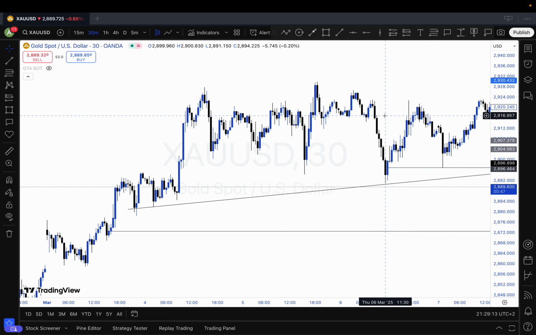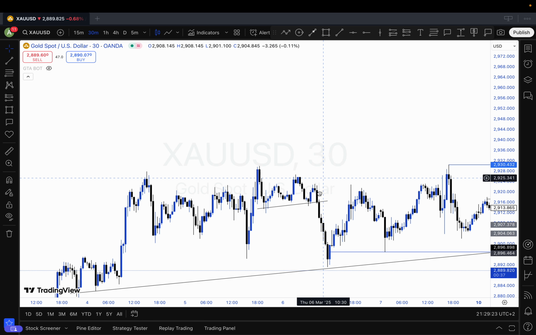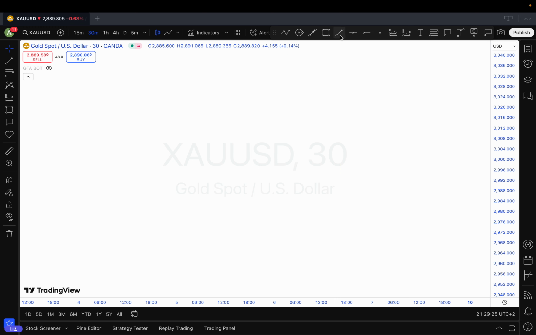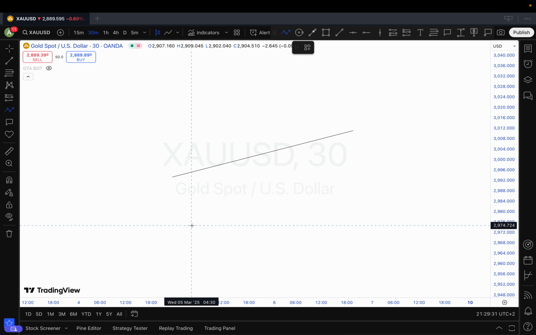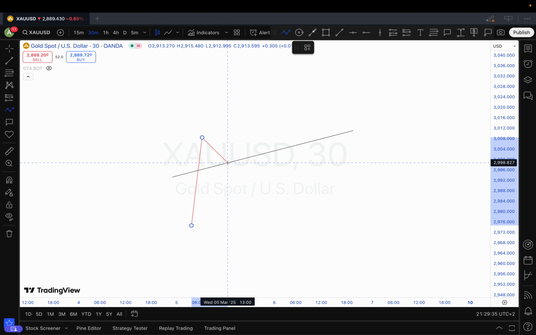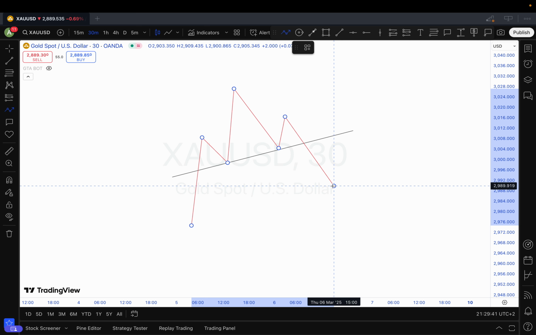For XAUUSD, starting from here, we can easily see that there is a support over here. The resistance is above. But okay, let me give you this insight. Because there is no proper resistance, a support cannot hold. Imagine it happened this way.